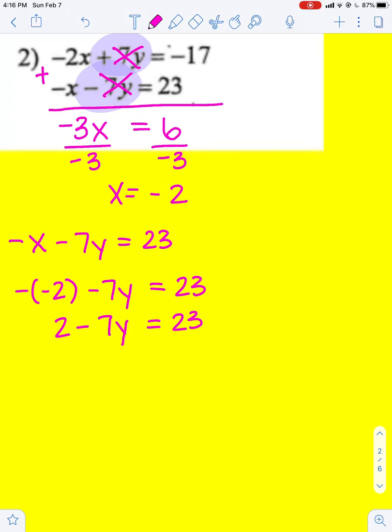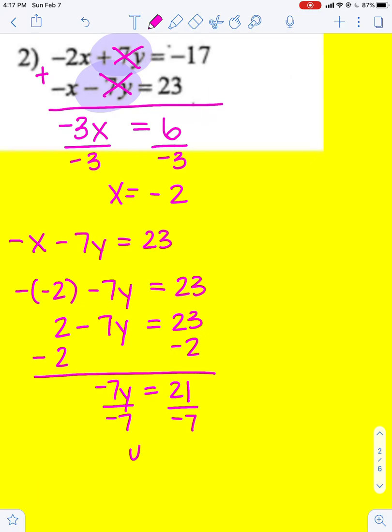And now I'm going to solve just like a normal two-step equation. So I'm going to subtract my constant from both sides to get -7y is equal to 21. And now I'm going to divide by my coefficient to get y is equal to -3.